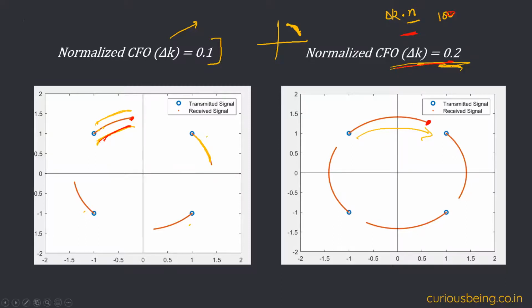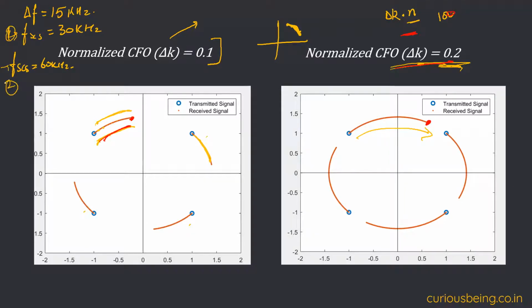For example, let's say the CFO is 15 kilohertz. Here I am talking in terms of absolute frequency because I have written kilohertz. First case is subcarrier spacing equal to 30 kilohertz, and second case is subcarrier spacing equal to 60 kilohertz. So in which case do you think the impact is severe?